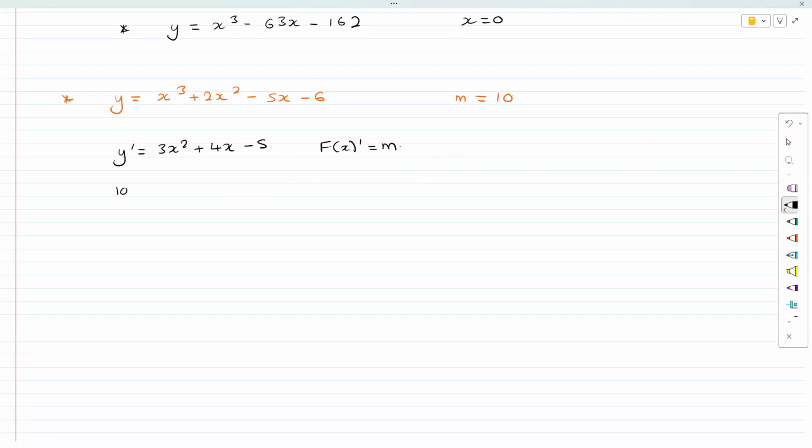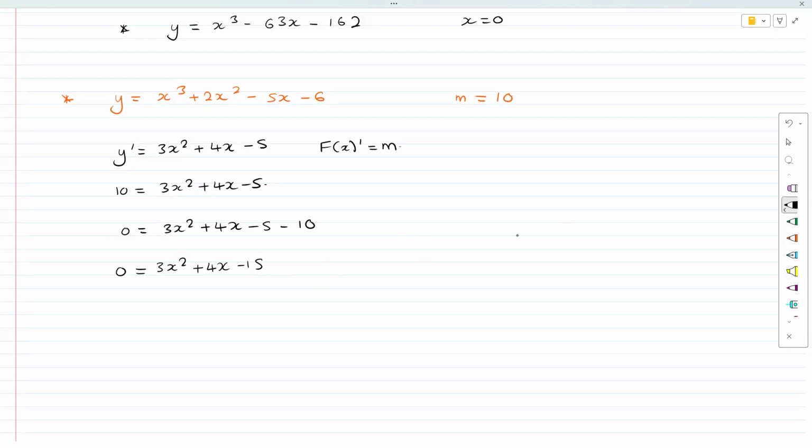Therefore, 10 equals this. Now I'm going to take this over, minus 10, and I end up with 3x squared plus 4x minus 15.